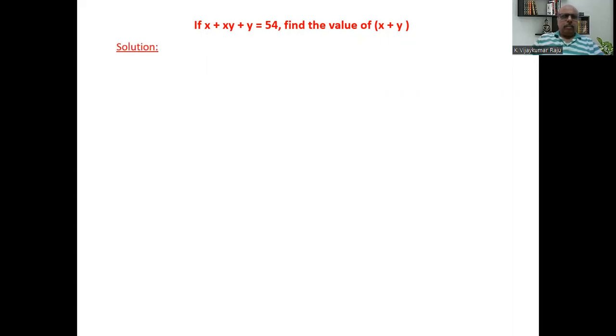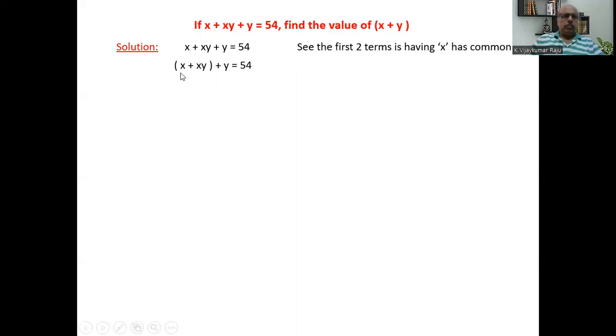Now, the question given is x plus xy plus y is equal to 54. If you see this, here x and xy, there is x common. So let us take out x common from these two terms.